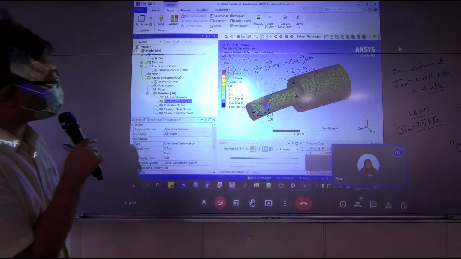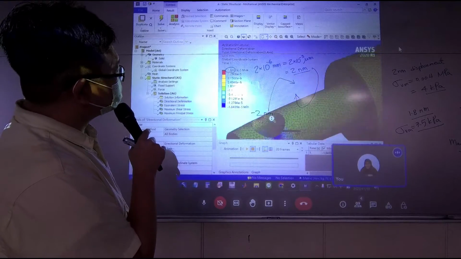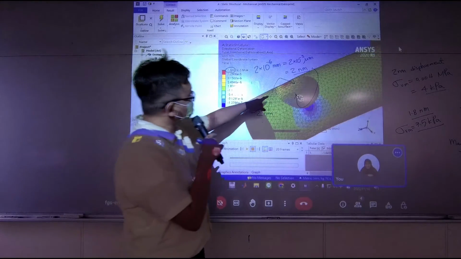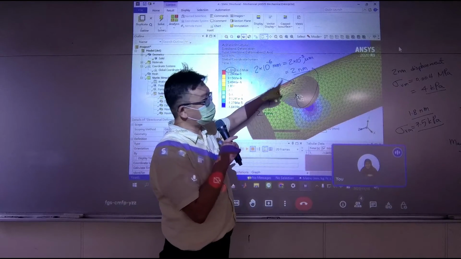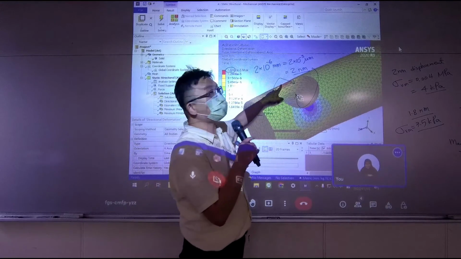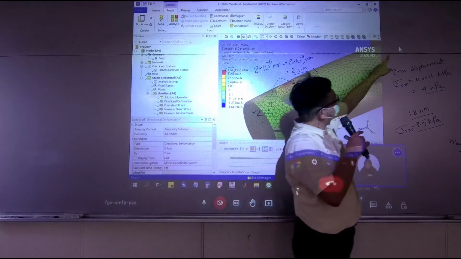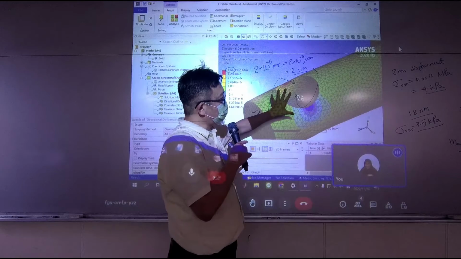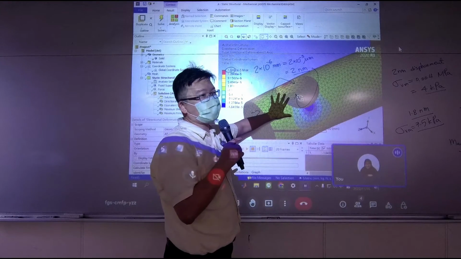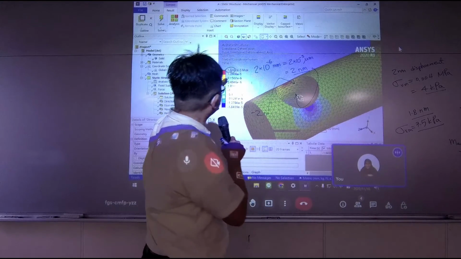So where is the maximum deformation? Okay, it's right here. So the place that has the larger maximum deformation changed. It's not at the original place. It changed to here, because this structure becomes so weak. And let's see how large.